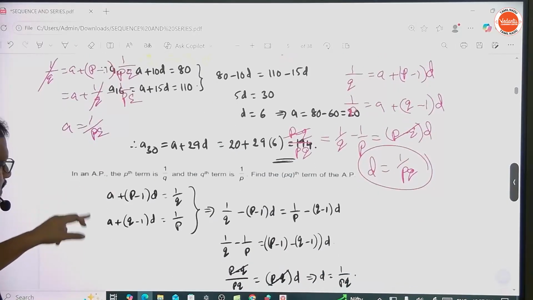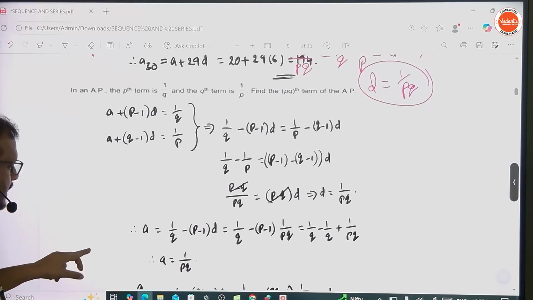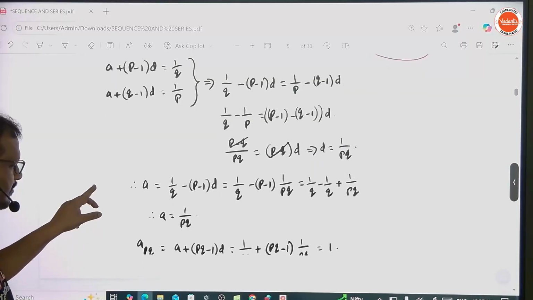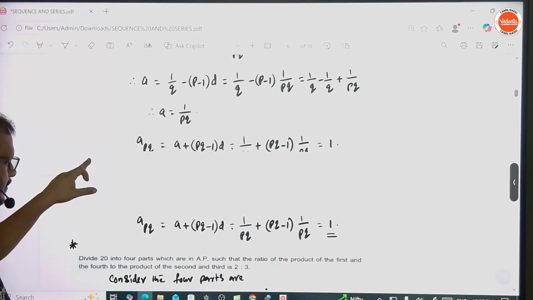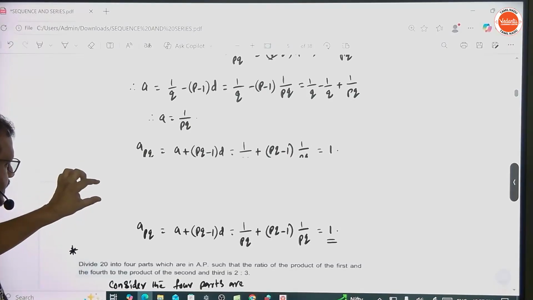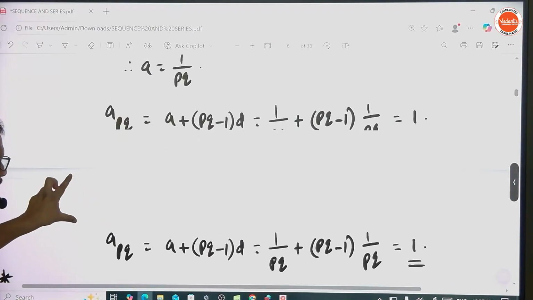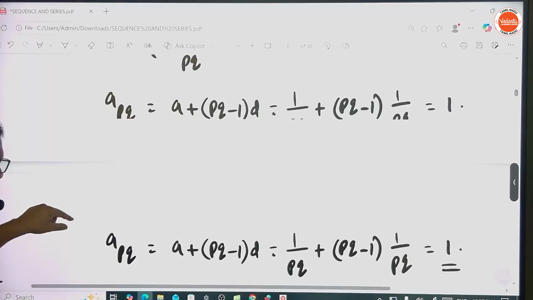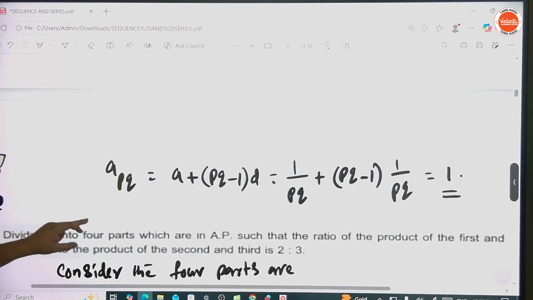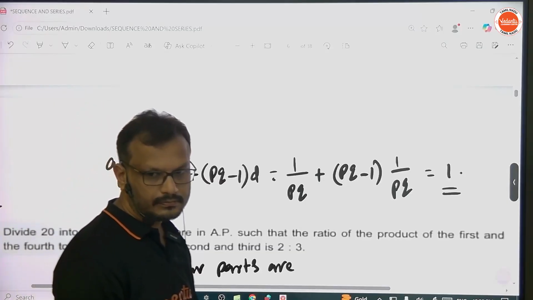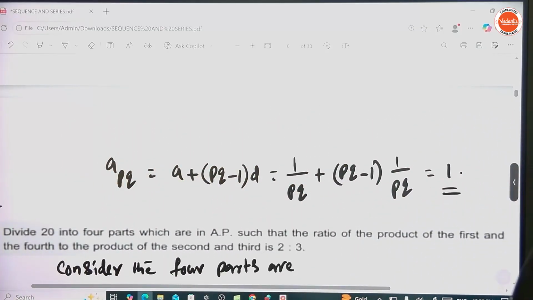So different models next onwards. See this question. Divide 20 into 4 parts which are in AP.